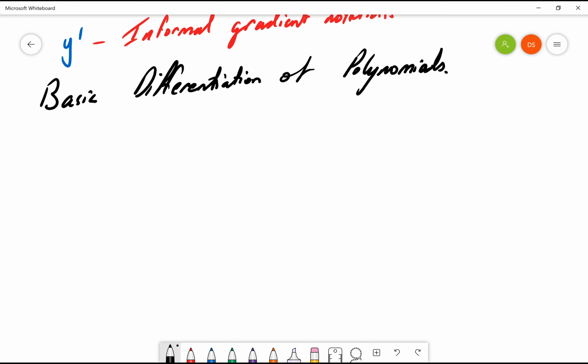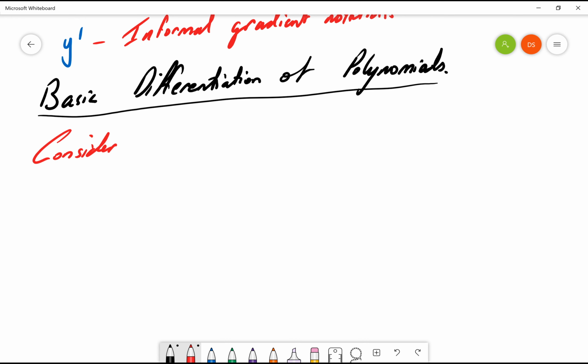Basic differentiation of polynomials. Okay, consider p of x, see I've written it as a polynomial, equals x squared plus 2x.